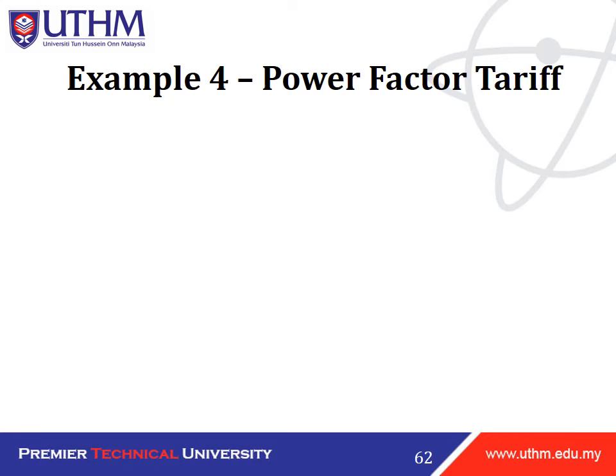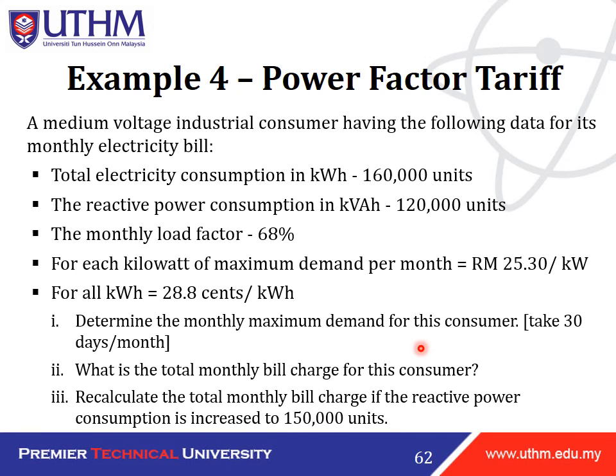Okay, example 4, the power factor tariff. So, read the question. A medium voltage industrial consumer has the following data for its monthly electricity bill. The total electricity consumption is 160,000 kWh units.